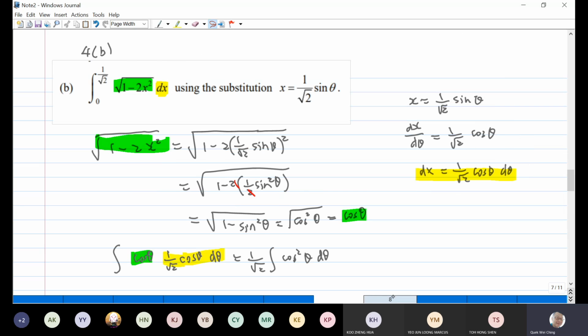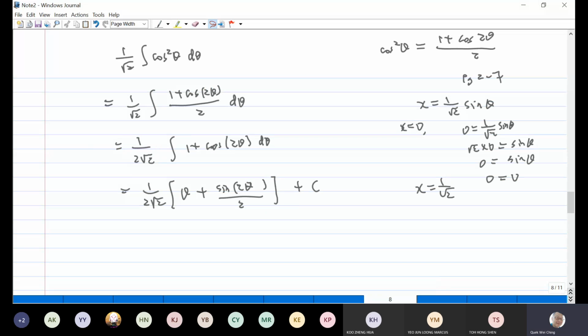What is theta now? So you put there 1 over square root 2. Okay, x equals that now, 1 over square root 2 sine theta. So that means 1 equals sine theta. So what is theta now? Theta equals sine inverse of 1, which is pi over 2.